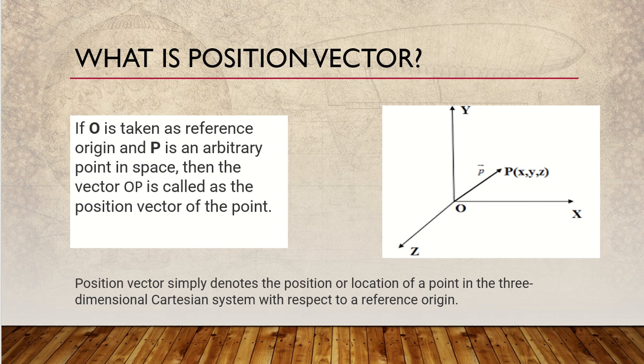Simply, we can call it a position vector which locates the position of a point in three-dimensional space. So this is the definition of position vector.